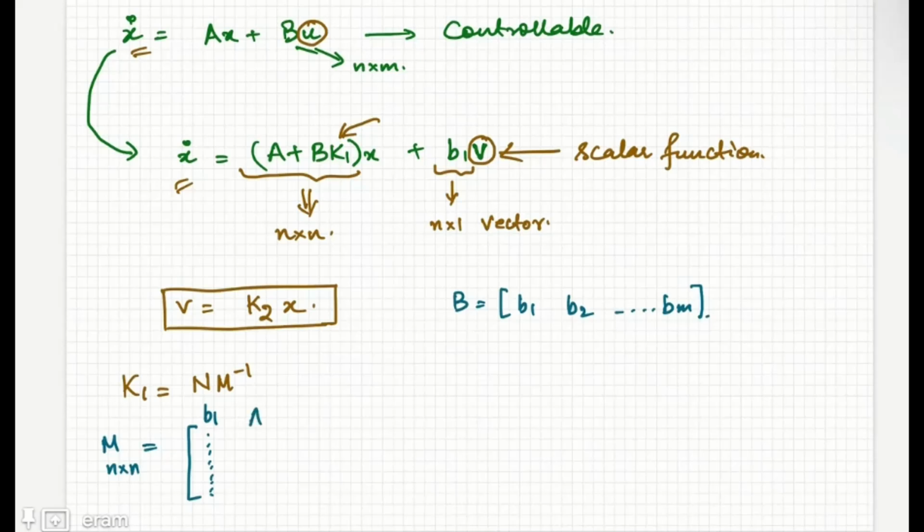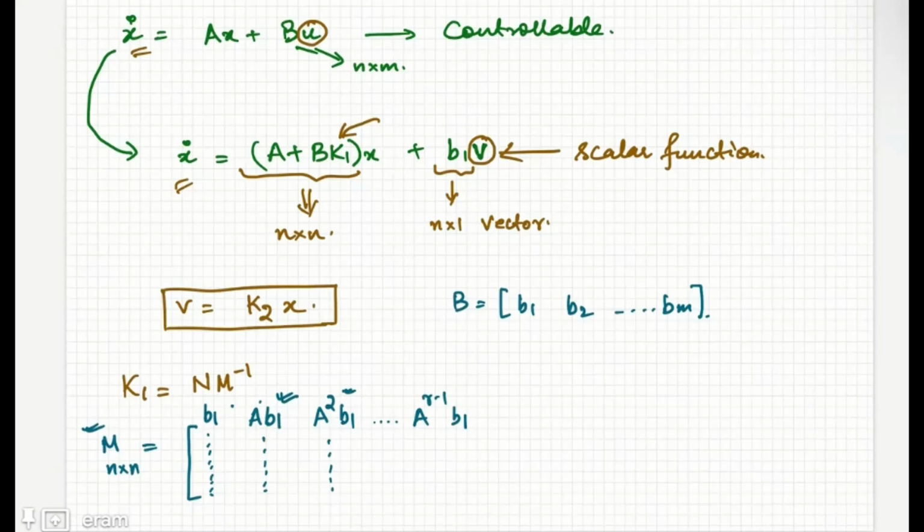Then we will find AB1, and if this AB1 is linearly independent of B1, then we will keep this AB1. Then we will find A square B1, and if this A square B1 is independent of B1 and AB1, then we will keep this A square B1, and we will go up to A to the r minus 1 into B1, such that this M is n cross n.